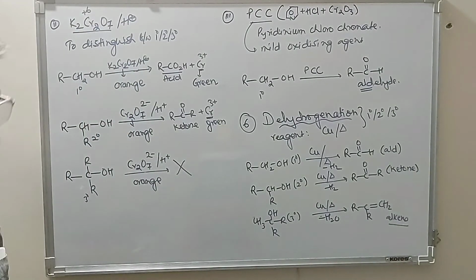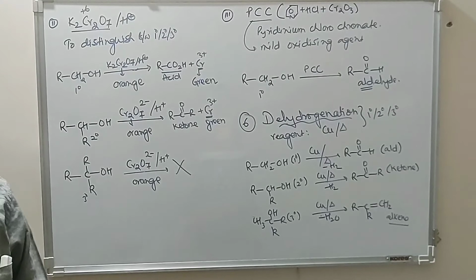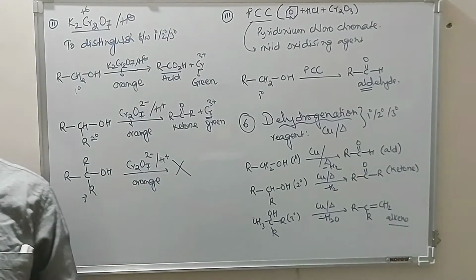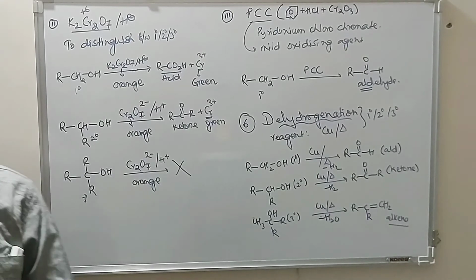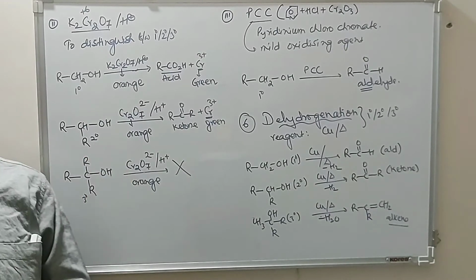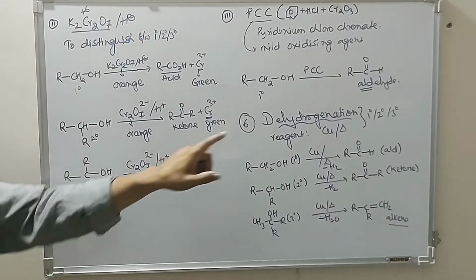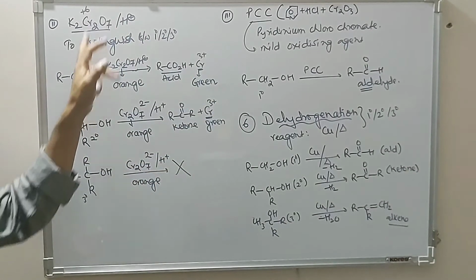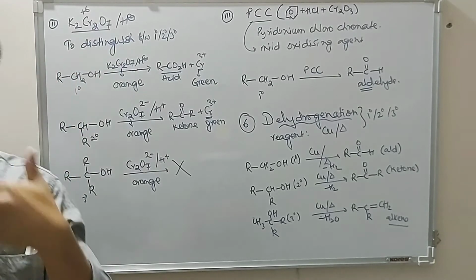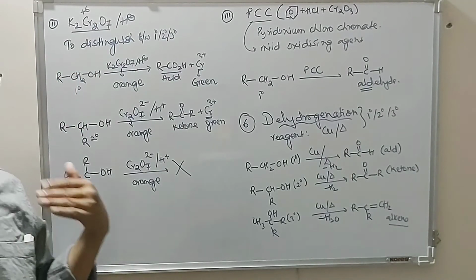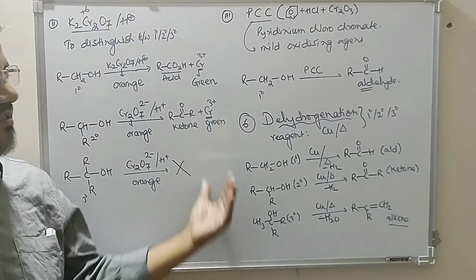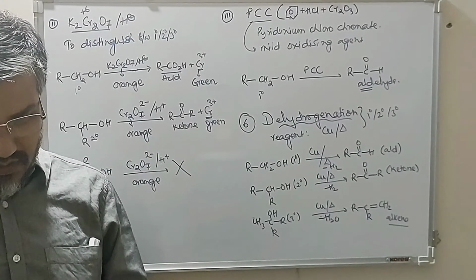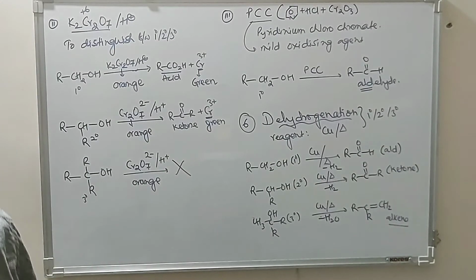Now after this reaction we will discuss some chemical tests to distinguish between primary, secondary and tertiary alcohols. One of the methods that we have discussed is dehydrogenation and reaction with dichromate. There are other reactions by which we can test these alcohols.